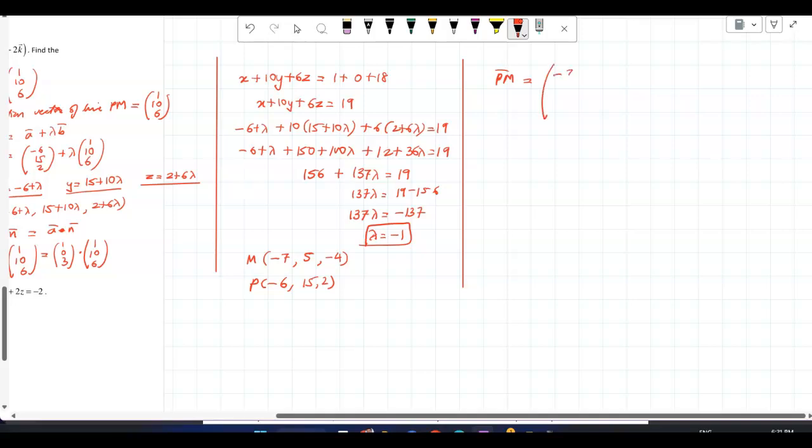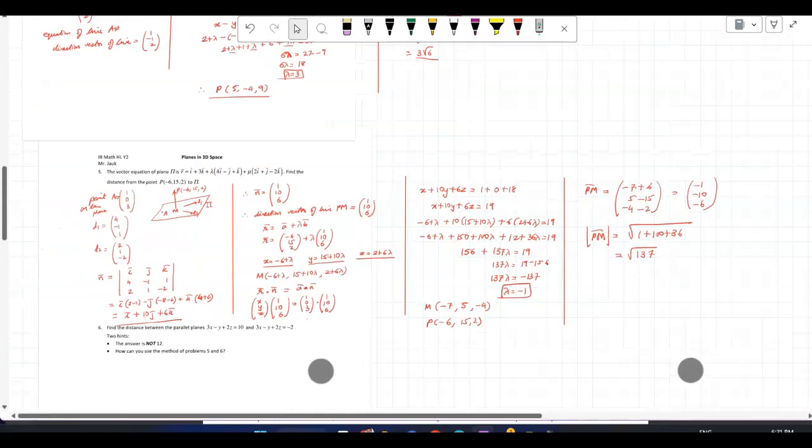M minus P is (-1, -10, -6). So the magnitude of this is the distance: root of 1 plus 100 plus 36. So root of 137 is the shortest distance between the point and the plane.